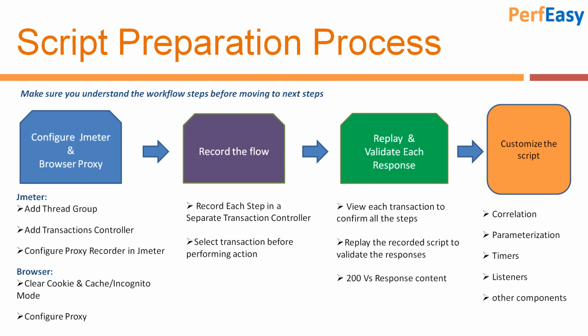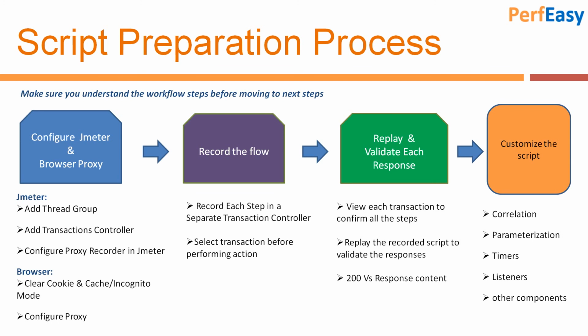This is a good way to understand the difference between what we should parameterize and what we should correlate. The values entered by the user, or the information that we know before starting the recording of the script, are parameterization candidates.